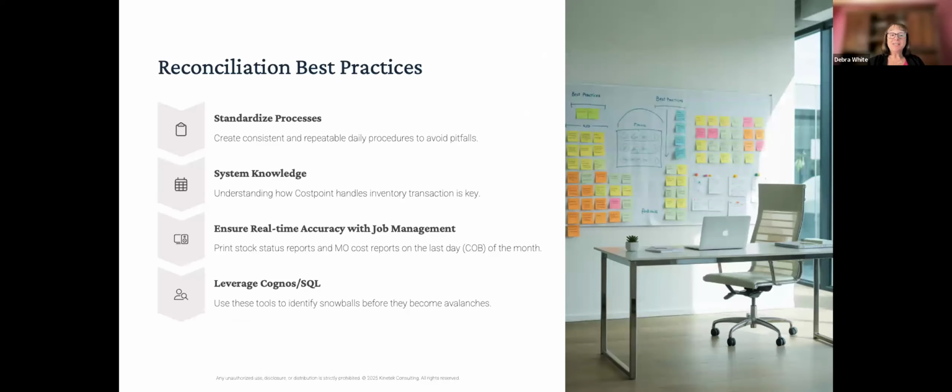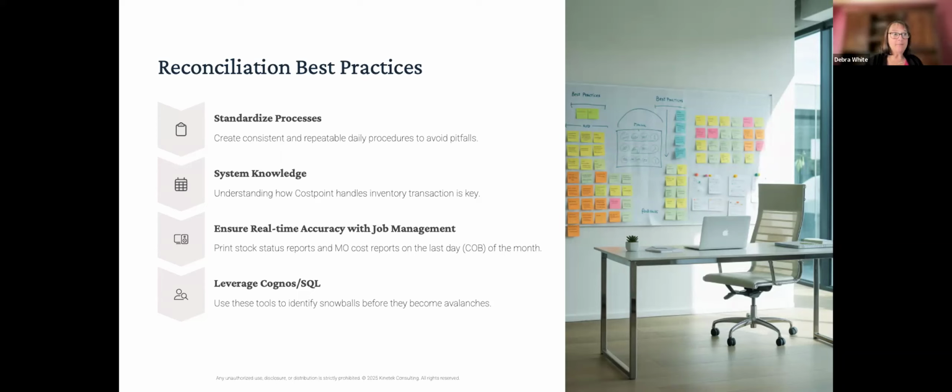All right, so to sum up our presentation here today, we're going to talk about best practices. Again, some of these things might be a little redundant, but one, standardize your process. Make sure that you have a consistent, repeatable process that you can do every month for reconciliation. It's hard enough, but trying to reinvent the wheel every month just makes it impossible to do.